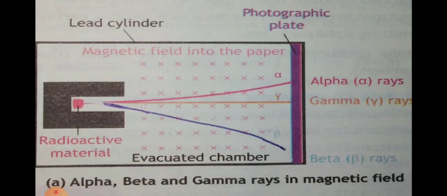By using the force on charged particles in a magnetic field, we can conclude that the radiation of the undeflected beam carries no charge, that is the gamma rays, while the component deflecting upward consists of positively charged particles called alpha rays or alpha particles, and the component deflected downward consists of negatively charged particles called beta rays or beta particles.